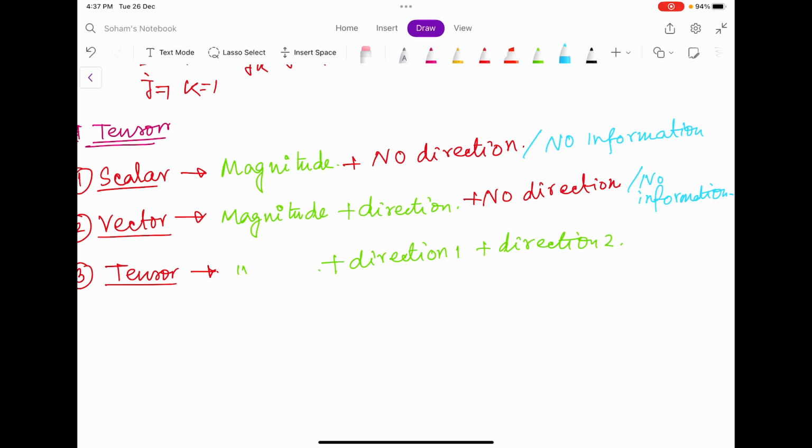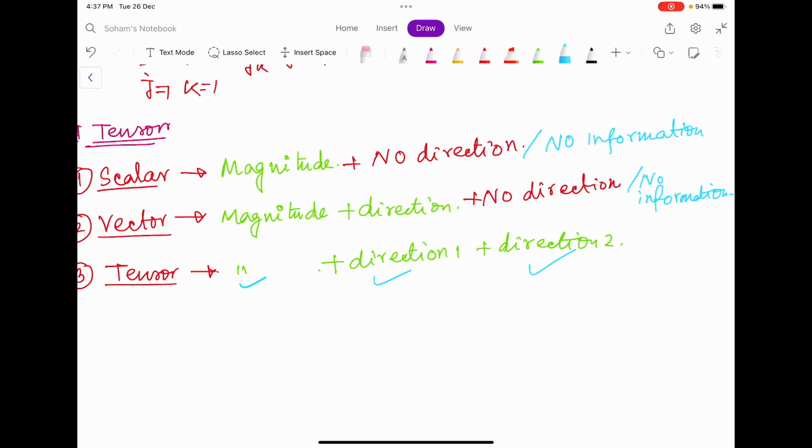And this direction or information, I will use these words interchangeably. And tensor is having magnitude as well as direction 1 or information 1 plus either direction 2 or information 2.